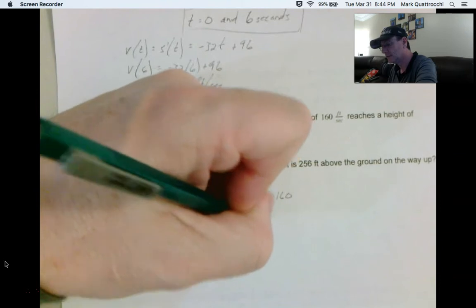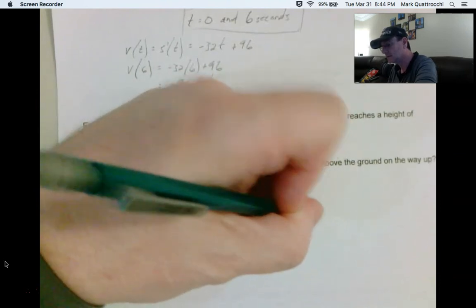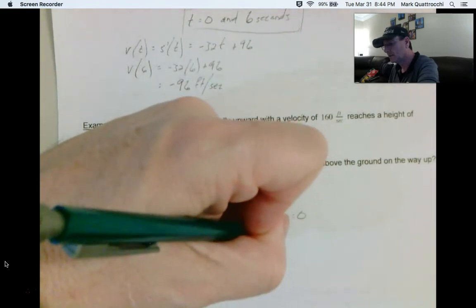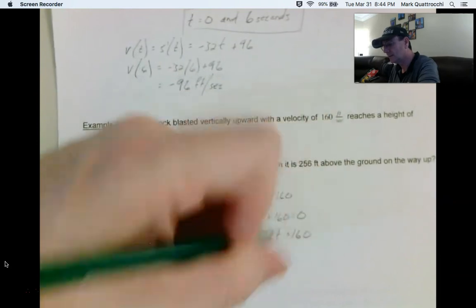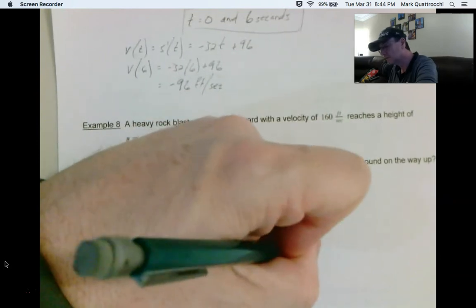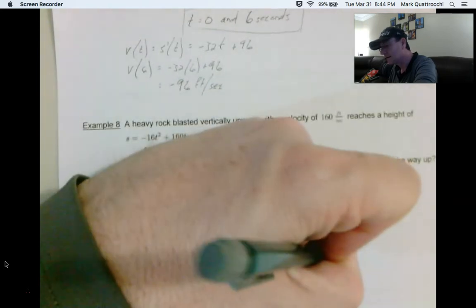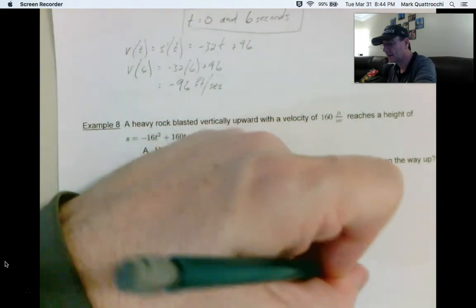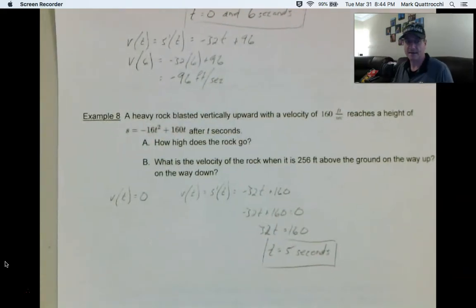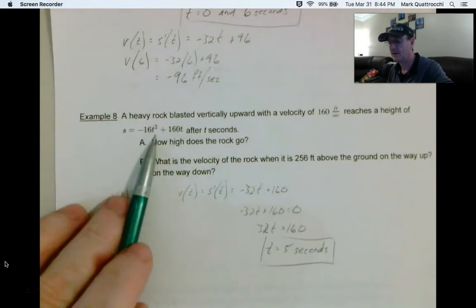So negative 32t plus 160 equals 0. 32t equals 160. T equals 5 seconds after it's initially blasted into the air. It reaches its max height, whatever that max height is. And we can figure that out by plugging 5 into here.